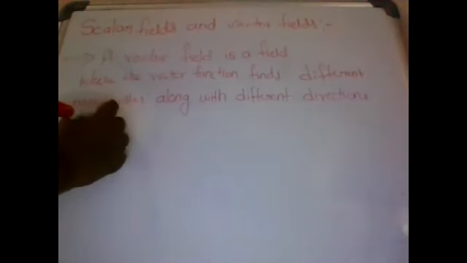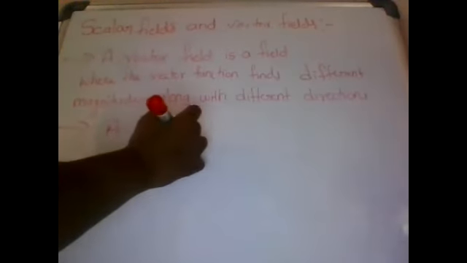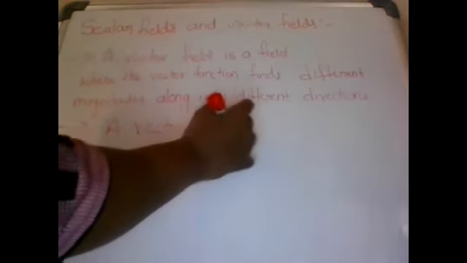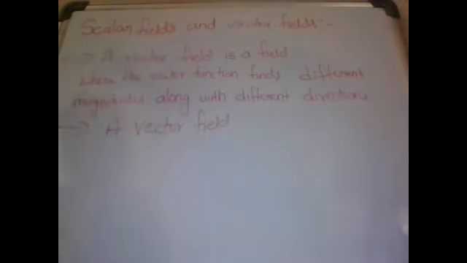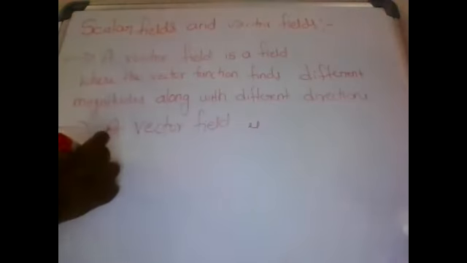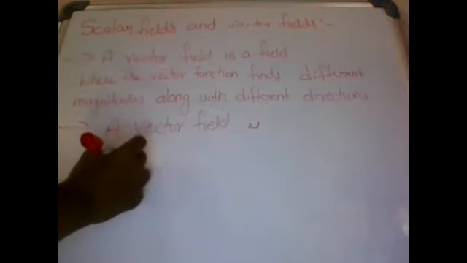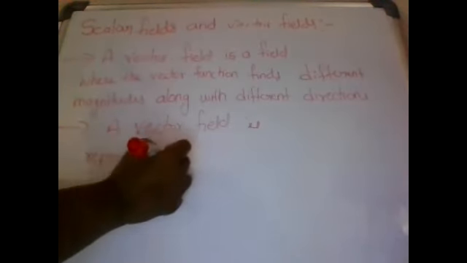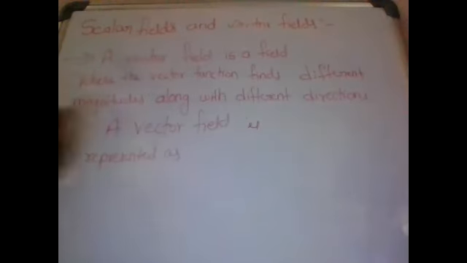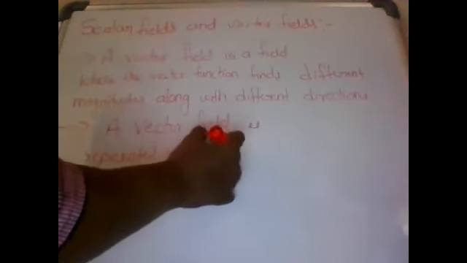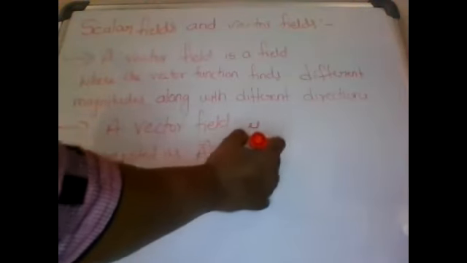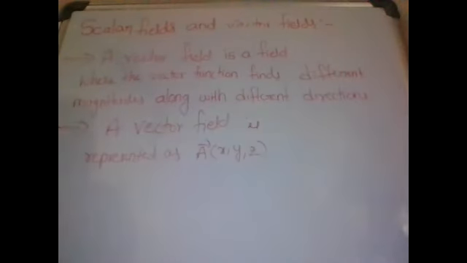A vector field is represented as A bar of x comma y comma z. Here we are taking x comma y comma z, meaning a three-dimensional field.